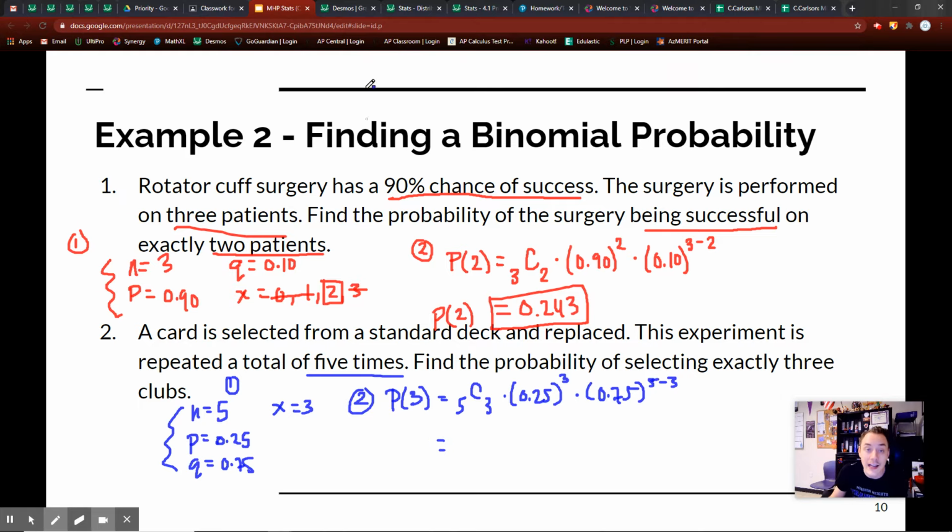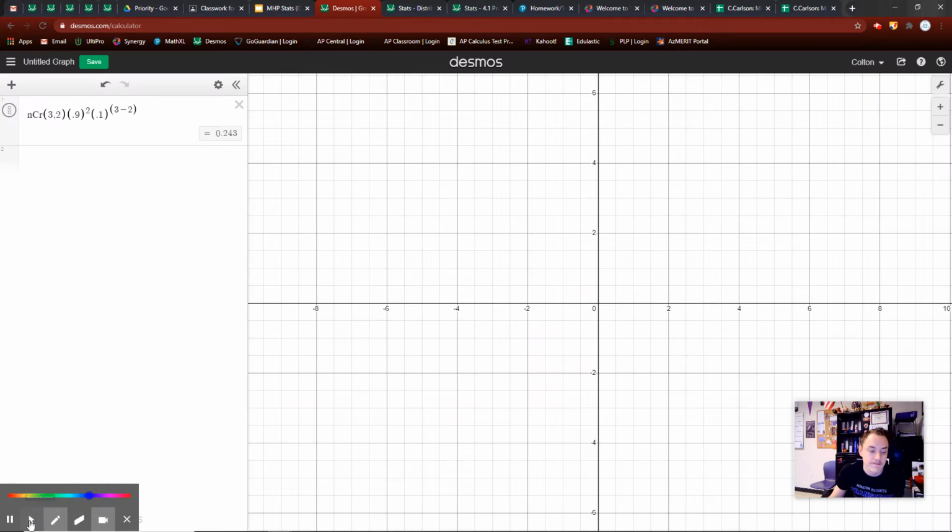Okay, let's go back, adjust our totals here. So I'm going to adjust these. I want 5 and 3, so 5 and then comma 3. And I scroll over. I don't want 0.9, I want 0.25. That's my probability of success. I don't want that. I do want 3. I don't want this. I want 75.